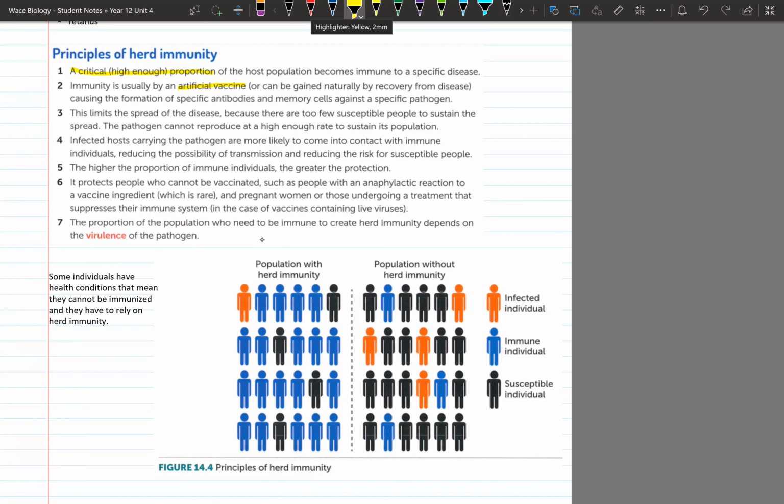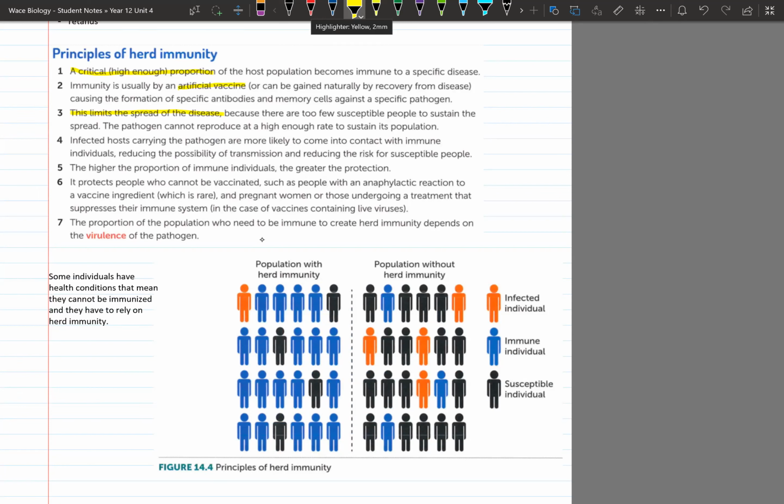So you implement this term whenever you're referring to an artificial vaccine, as in the case of COVID, when we all immediately started getting vaccinated. Again, with that same idea of antibodies and antigens, I won't go into that again. And of course, by having the vaccine, you'll start limiting the spread of the disease, or the spread will start to decrease.